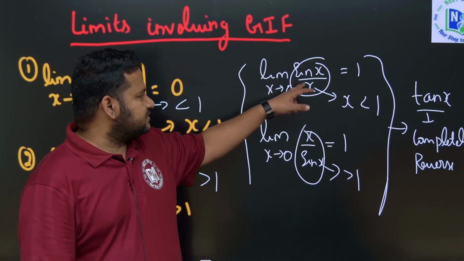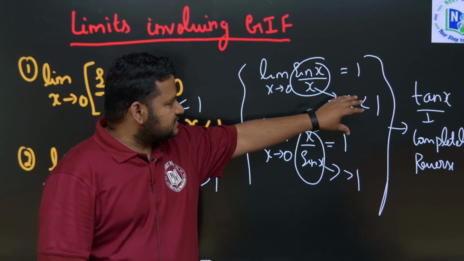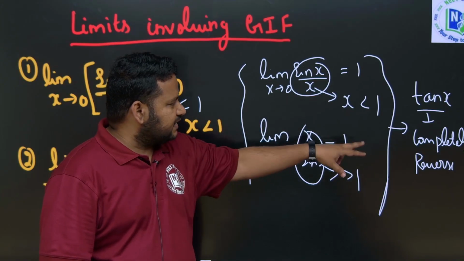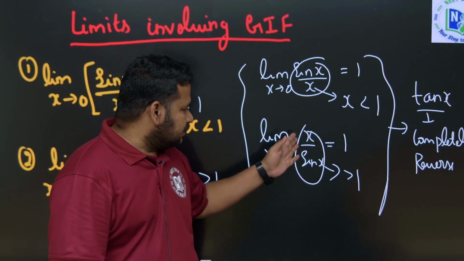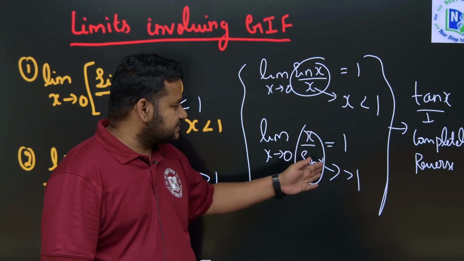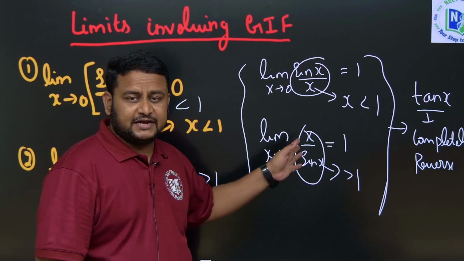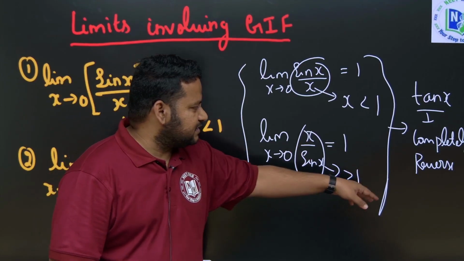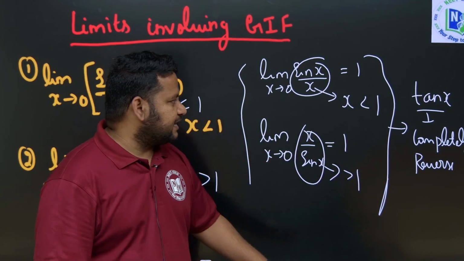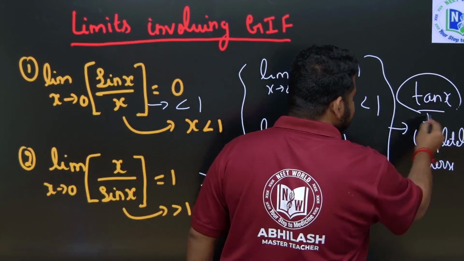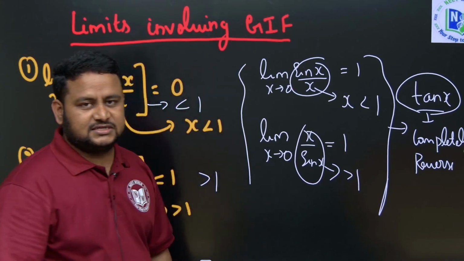Here, sin x by x is less than 1, and x by sin x is greater than 1. Similarly, tan x by x is greater than 1, but x by tan x is less than 1. That is the meaning of completely reverse. For tan x, remember this: you consider it as ulta. That's all. Is it clear, friends?